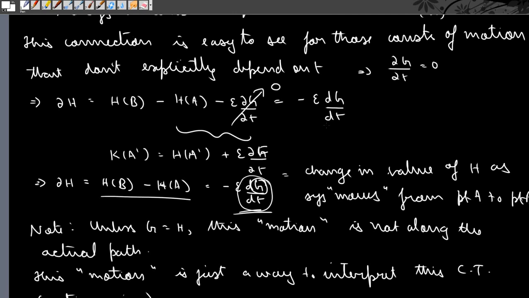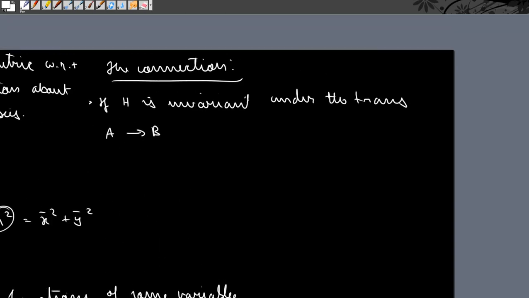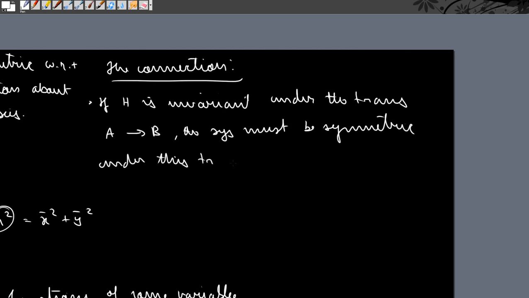And if our g, which is the generating function of the transformation, is such that it is not explicitly dependent on time, then our change in the Hamiltonian is basically the difference in the value of the Hamiltonian at the point B and A. So here, if we consider that H is invariant under the transformation from A to B, the system must be symmetric under this transformation, because that is how we defined what we mean by symmetry.